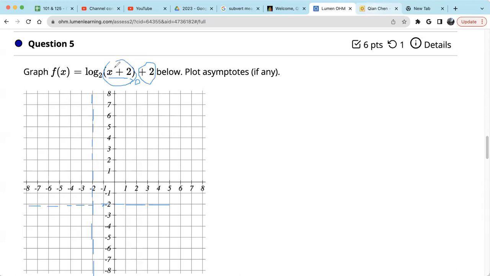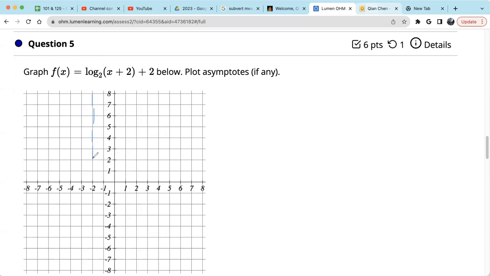Log of any base of 1 equals 0. 0 plus 2 is 2. So we get a point. Oh, you know what? I made a mistake. It's not lower down. It's going up 2 units because this is plus. It's not going down 2 units. It's going up 2 units. Sorry, I don't know why I made such a dumb mistake.